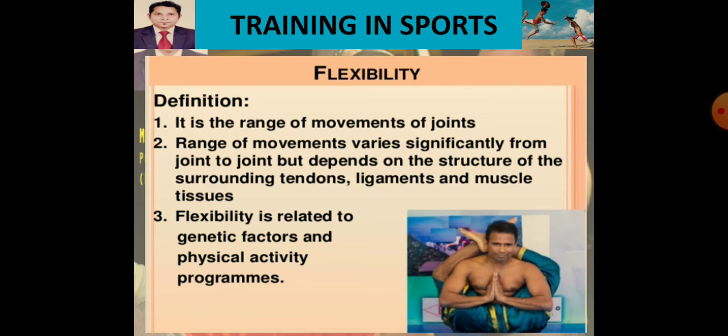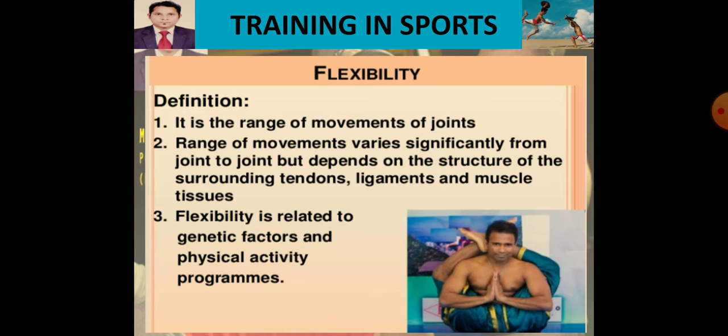For example, the hamstring muscles allow you to bend over and touch your toes. While we are bending forward, we can touch our toes; the hamstring muscle can stretch maximum.